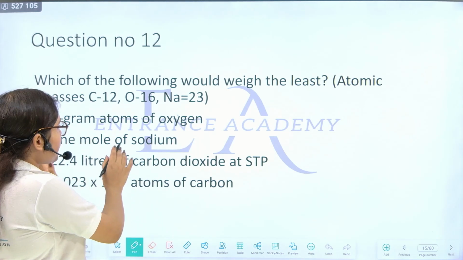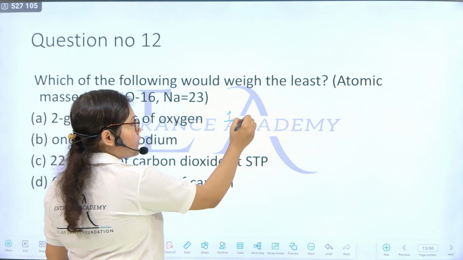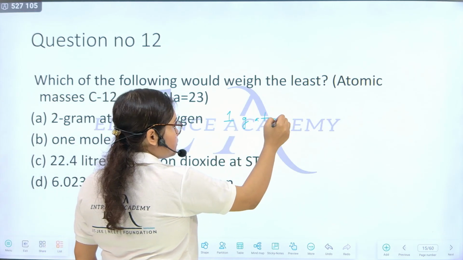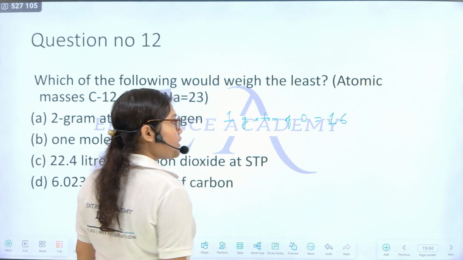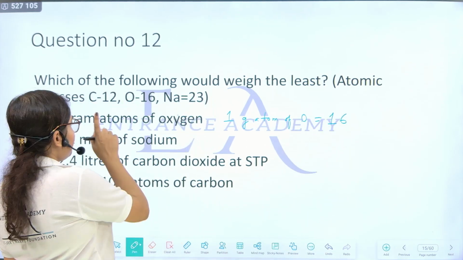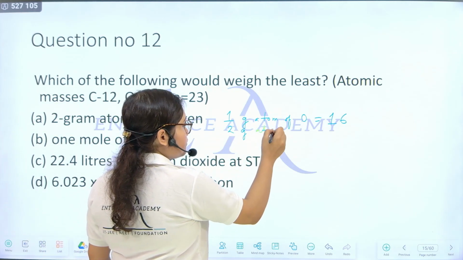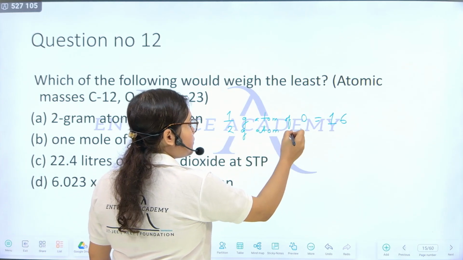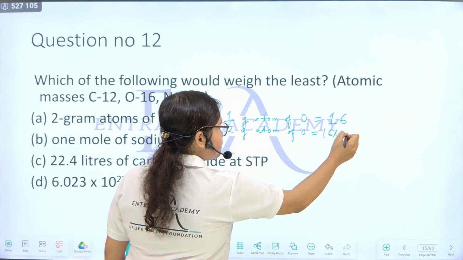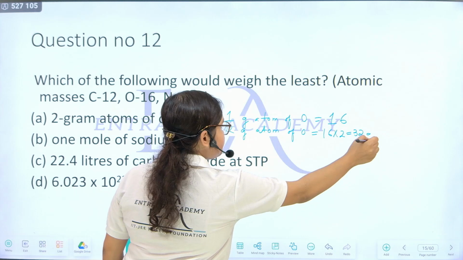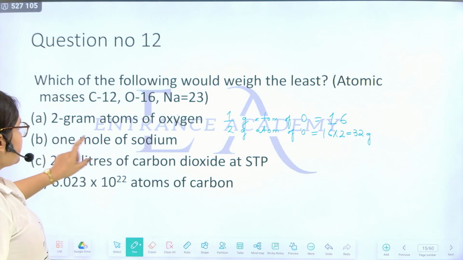First one is 2 gram atoms of oxygen. 1 gram atom of oxygen is 16, so 2 gram atoms of oxygen is 16 into 2, 32 grams. So the weight of this is 32.